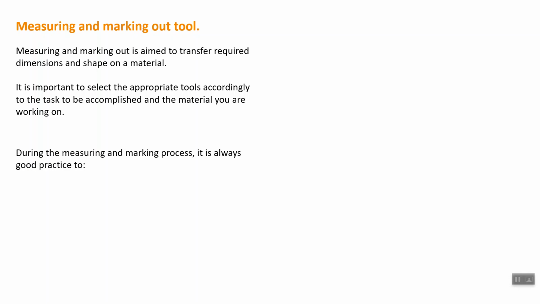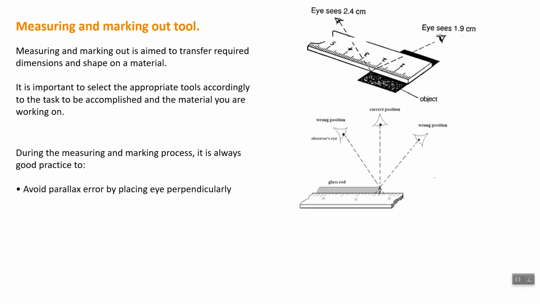So during the measuring and marking process, it is always good to have good practices, okay, not to damage the material. First of all, we avoid parallax error by placing the eye perpendicularly. So what is parallax error? Whenever we have to measure, for example, here we have a ruler measuring a small object.